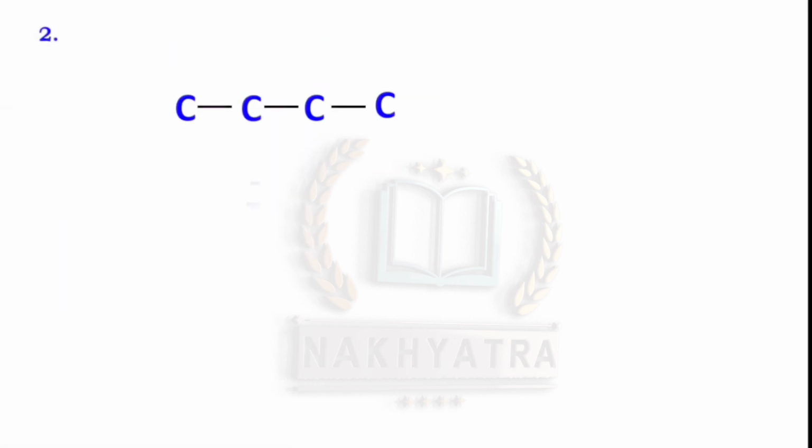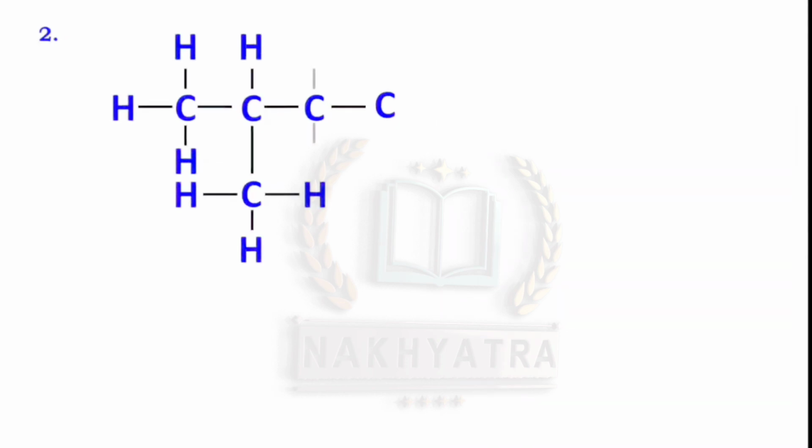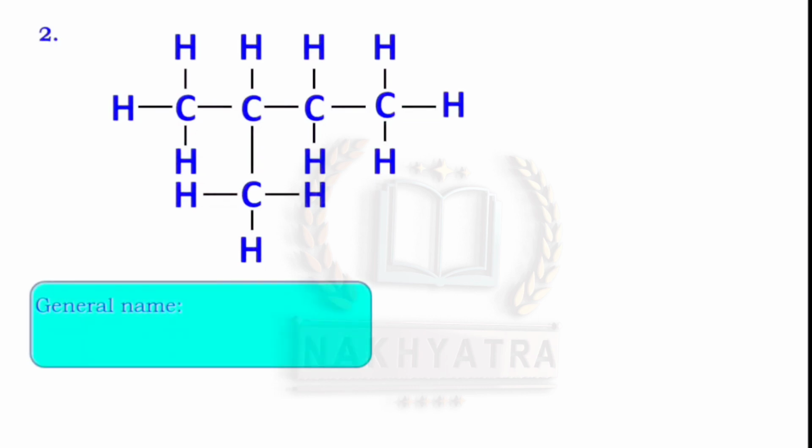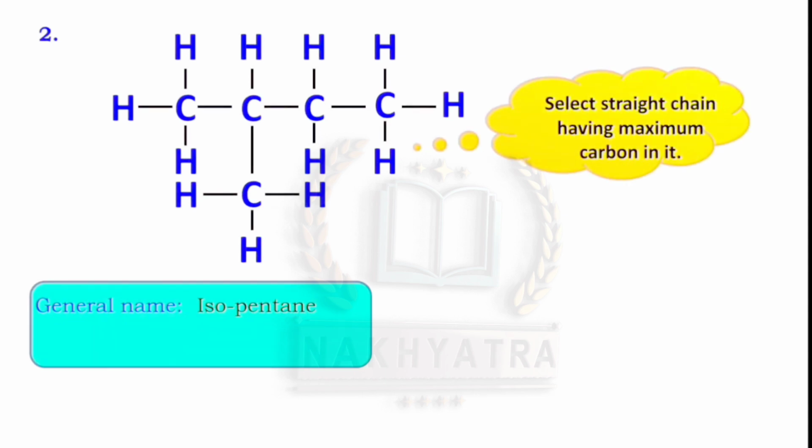Now see the second isomer of pentane. As you can see here, one methyl group is shifted to the second position of the carbon atom. So the general name is isopentane. Now select a straight chain having the maximum carbon in it.